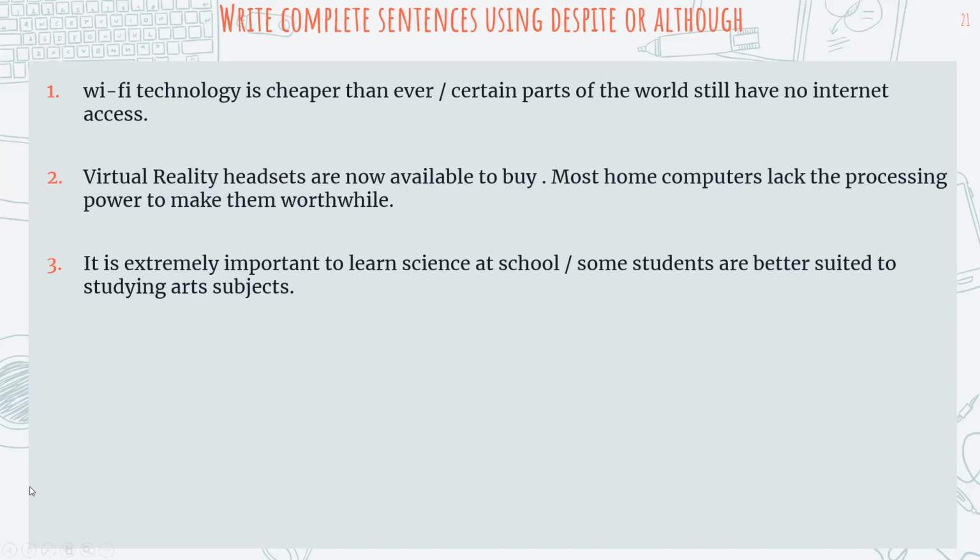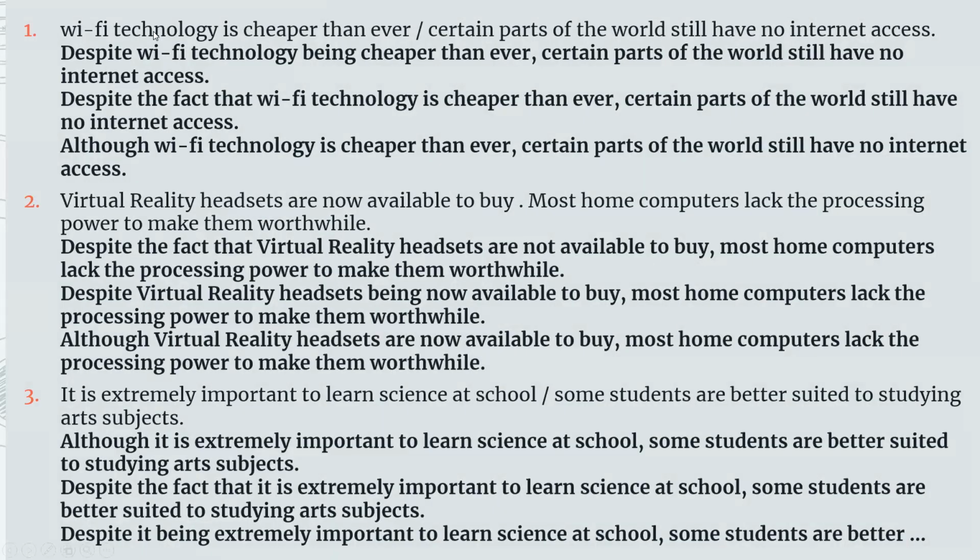Now let's look at the answers. The first sentence says Wi-Fi technology is cheaper than ever. Then, of course, it's not a complete sentence. Certain parts of the world still have no internet access. So I could use despite and I could use although. The first sentence says, despite Wi-Fi technology being cheaper than ever, comma, you have to use the comma.